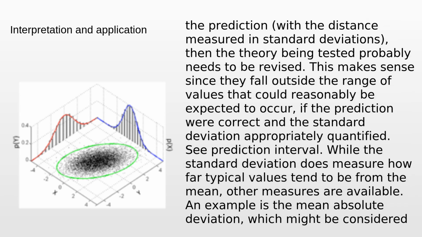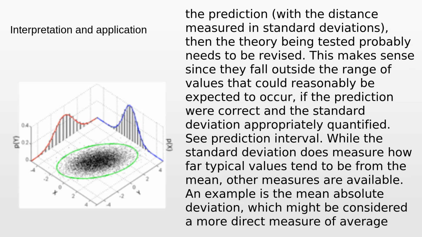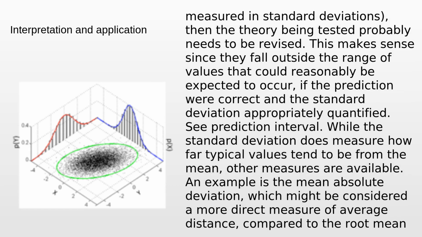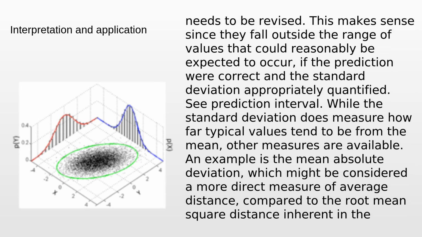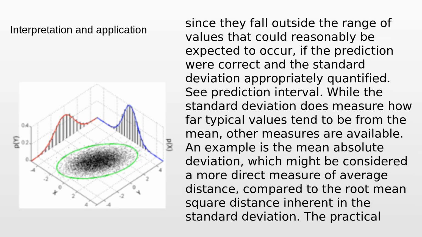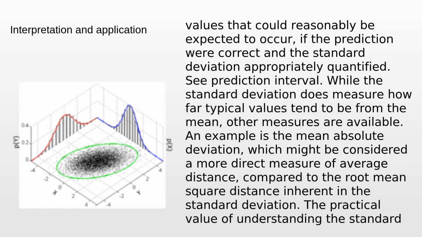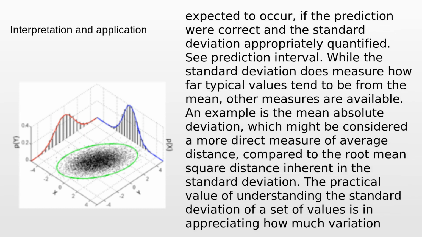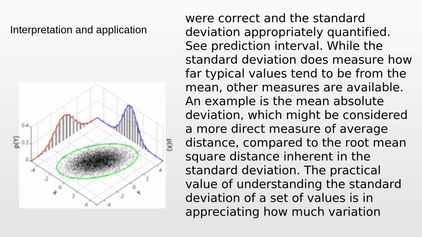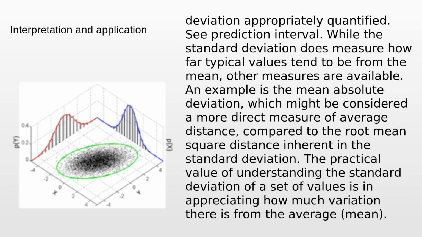If the mean of the measurements is too far away from the prediction, with the distance measured in standard deviations, then the theory being tested probably needs to be revised. This makes sense since they fall outside the range of values that could reasonably be expected to occur if the prediction were correct and the standard deviation appropriately quantified.